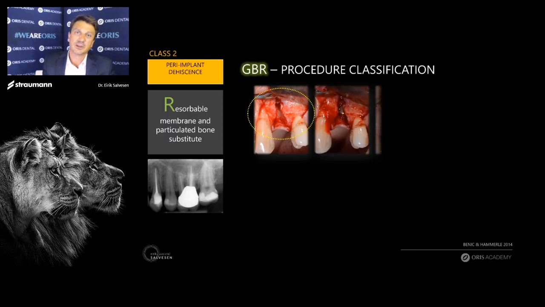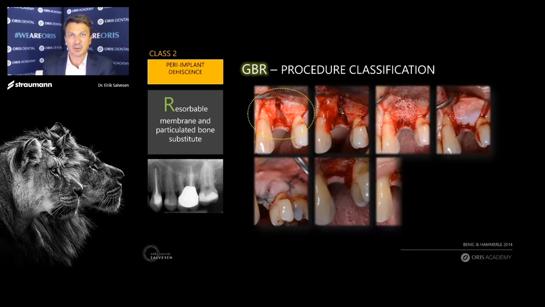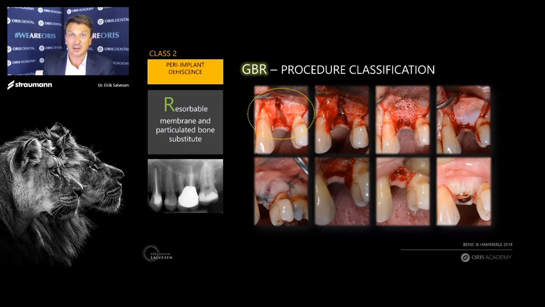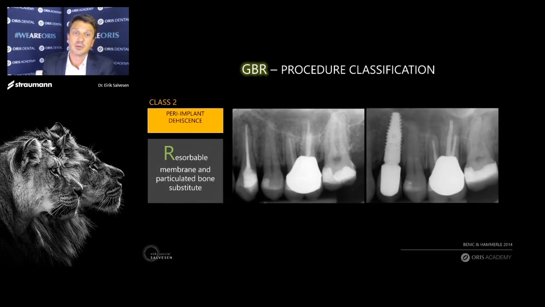So you see the buccal defect, you'll see the implant placed, you see the particulated bone substitute, you see the resorbable membrane, you see the primary closure of the area, you see the reopening, the abutment surgery, and in this frame you'll see the finalized results 3 years down the road. All cases showing again the principles of using even these types of implants in immediate type treatments.